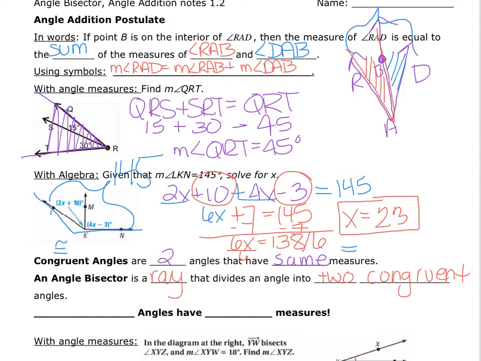Again, this word bisect: the prefix means two, and the suffix, sector, means sections. So two equal sections. So again, to tie those words together, you want to say that congruent angles have equal measures.